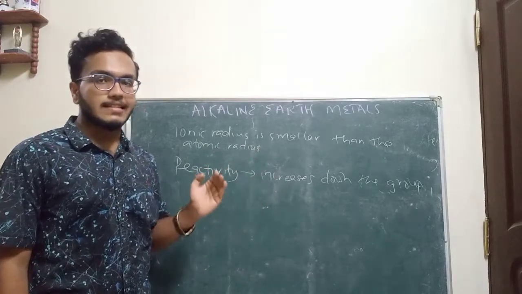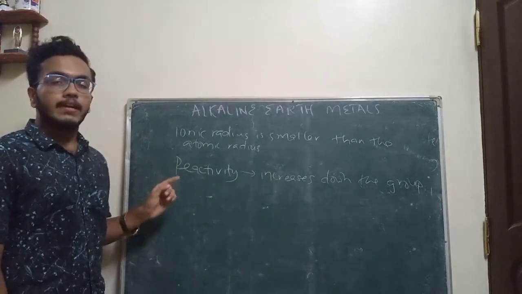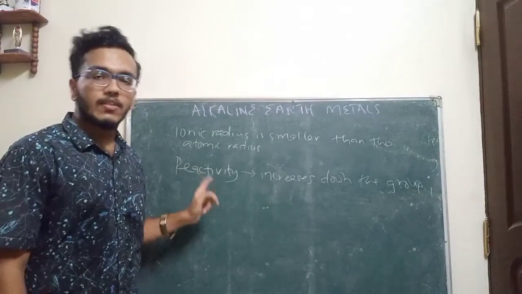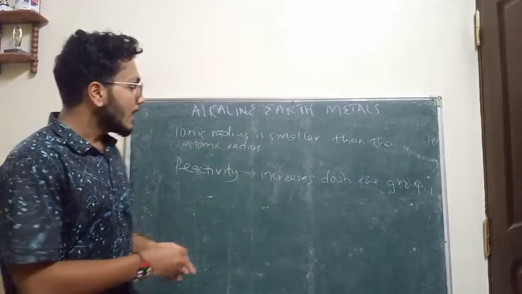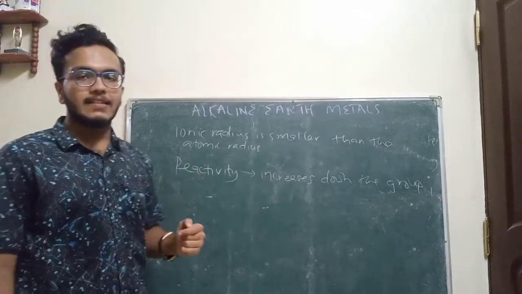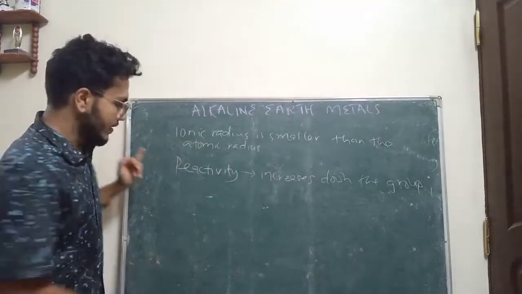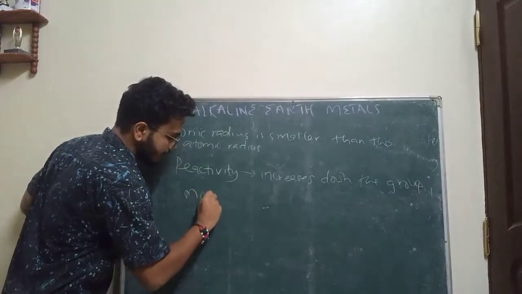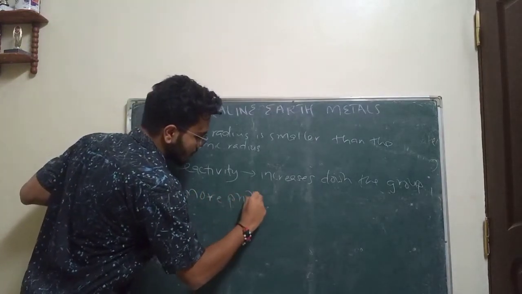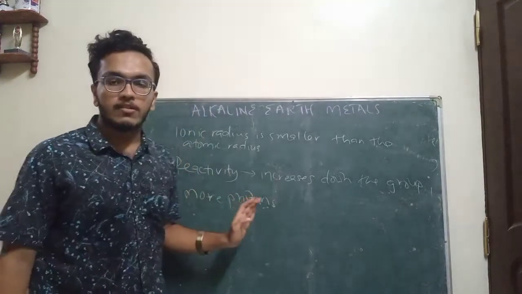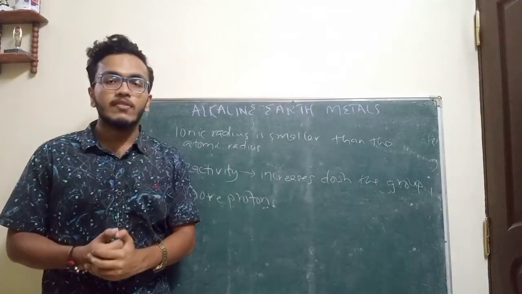The explanation is the same. However, if you compare the reactivity of alkaline earth metals with alkali metals, alkaline earth metals are less reactive than alkali metals. Why? Because alkaline earth metals have more protons than alkali metals, hence a stronger nuclear force of attraction.